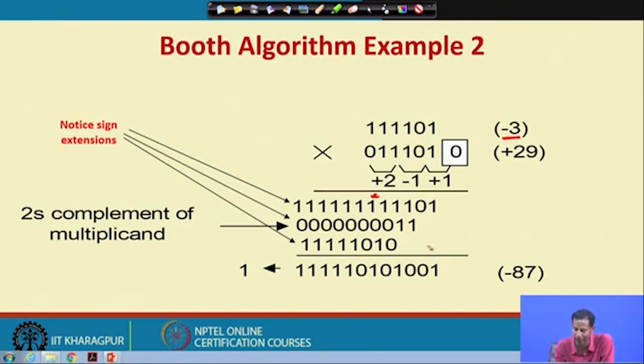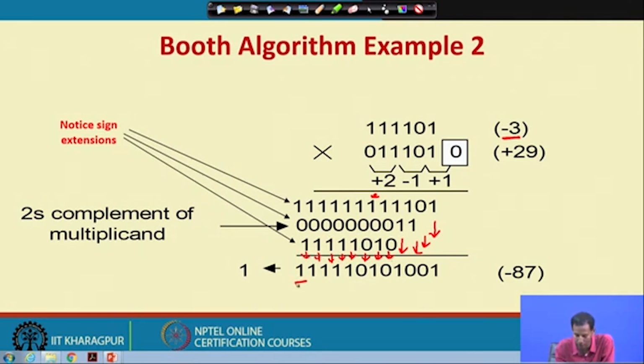Now, if I just add, at that time what will happen? 1 for this, 0 for this, for 1 1 0, okay, and carry 1 comes over here. So, this is 1, then 1 over here, this is 0, then 1 1 1, this will be 1, then 1 1 there is 0. So, 1 1 1 1 1 1 1 1, all 1.